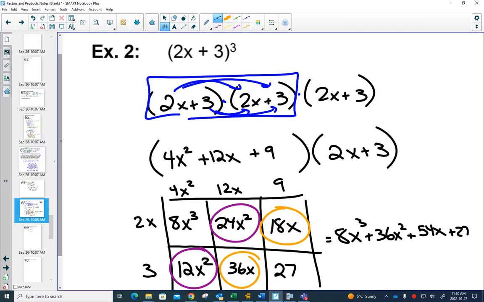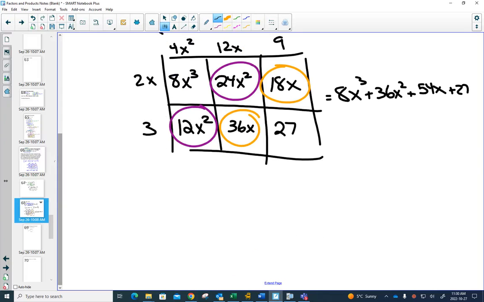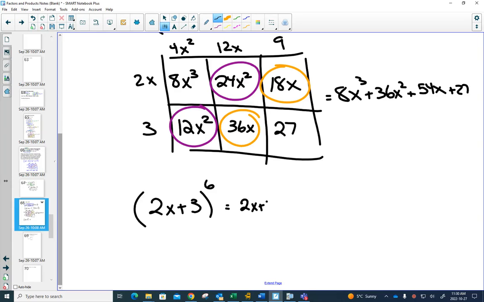If you have to do 6 times, you just do it twice and then you do 2 again. Right, if I had, like right now, if I gave you this, 2x plus 3 to the 6, then you would just do that. Can you see that this would equal, why did I pick 6?